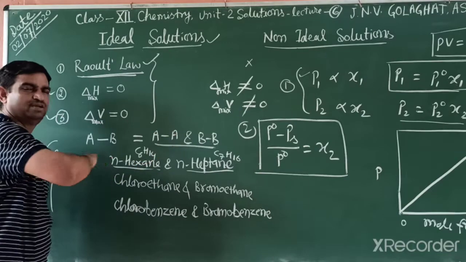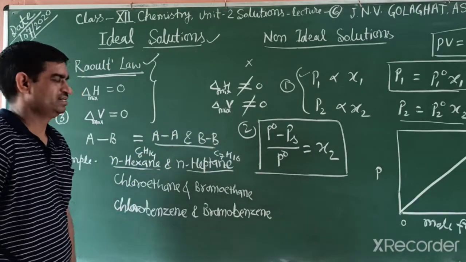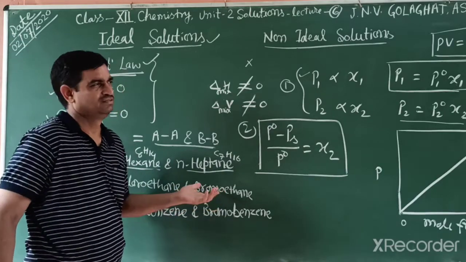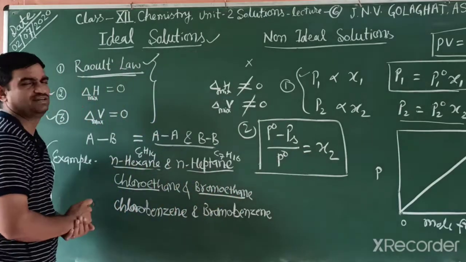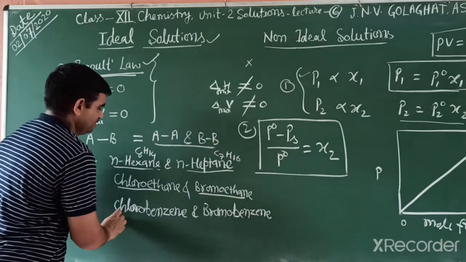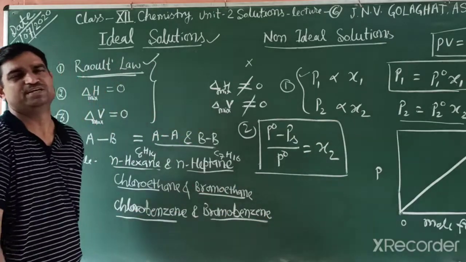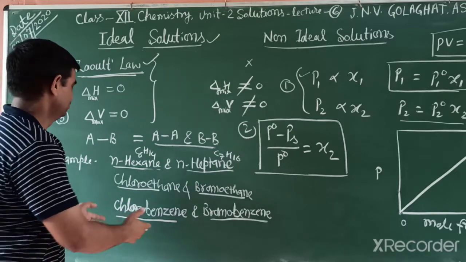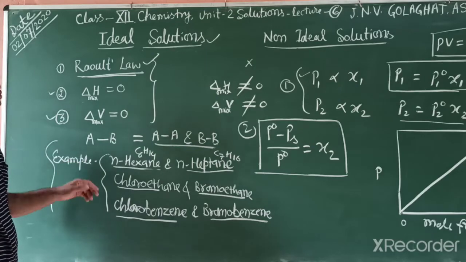They are normal, straight chain alkane compounds, so these are an ideal solution. Another is chloroethane and bromoethane, these two substances also form an ideal solution. Another is chlorobenzene and bromobenzene. I have taken chlorobenzene and benzene here because I didn't get the bromobenzene. So these are examples of ideal solutions.